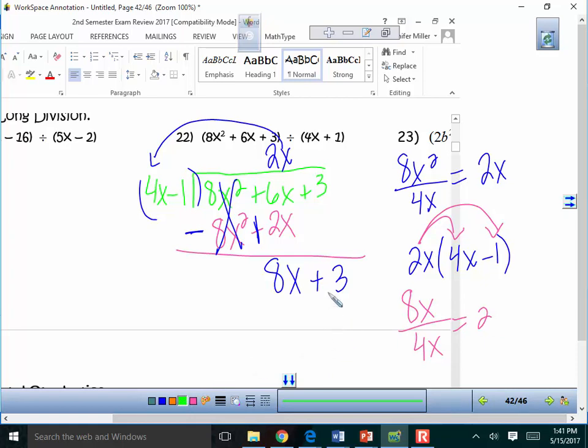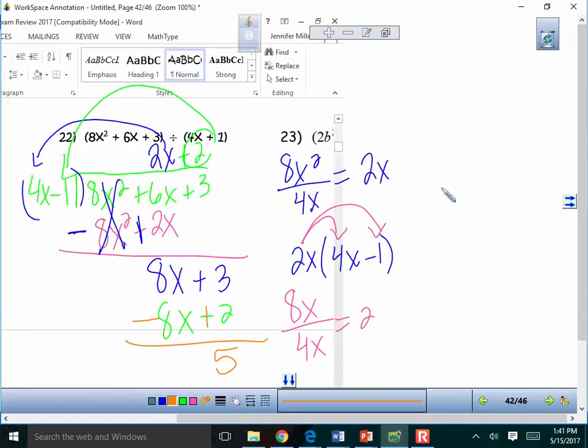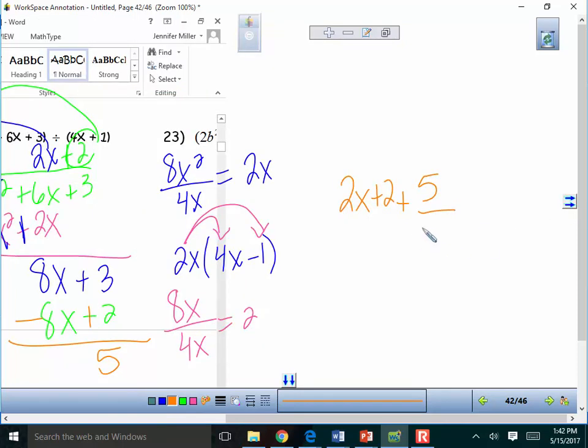So this is plus 2. We multiply 2 times 4x minus 1, and that gives us 8x minus 2. And then we change these signs, and we get a remainder of 5. So our answer is actually 2x plus 2 plus 5 divided by our divisor, which is 4x minus 1.